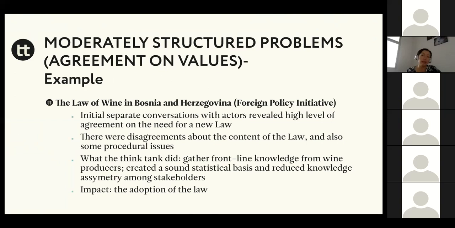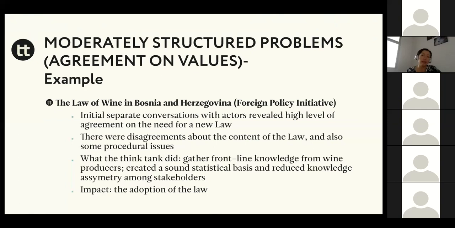They gathered frontline information of what the reality was, what the problems of the producers were, what types of incentives and support they needed, and they created statistical knowledge that would support this. Eventually, they were able to promote the adoption of a law.